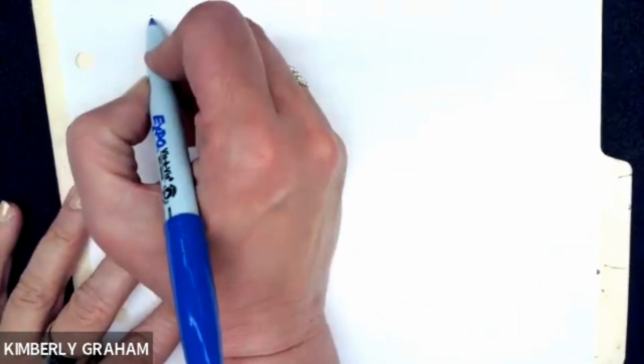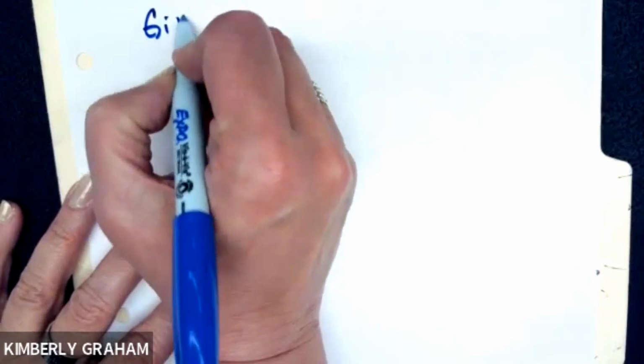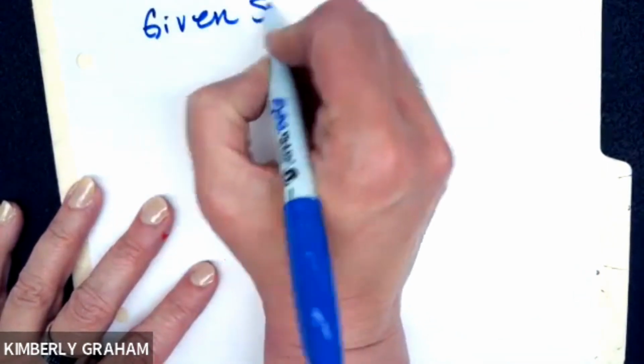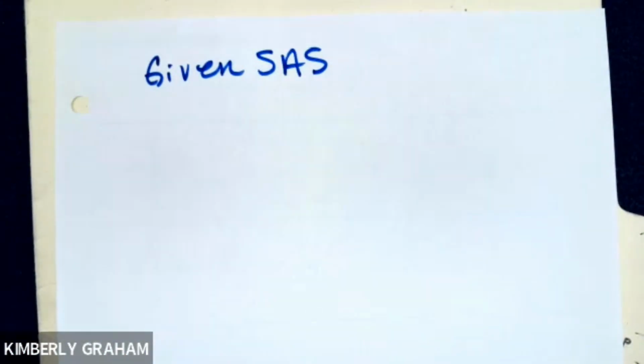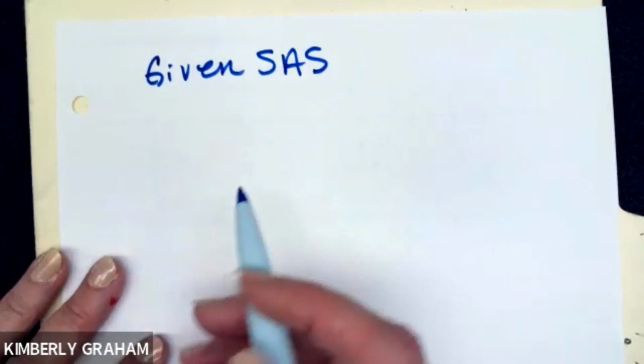This is something that you need to write down here. If you are given side angle side, right? If you need to sketch out the information that you're given to see if this is the type of triangle that you have, then make your sketch.